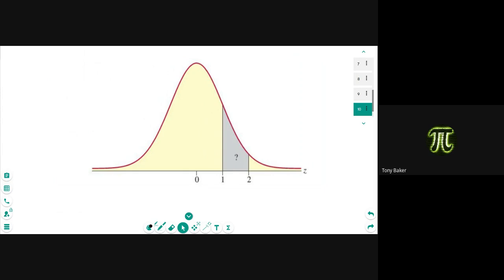I didn't do the actual calculation, but that sounds close. How'd we do it? Right, so when you're looking for between two, find 2, which is 0.9772, and then 1 is 0.8413.